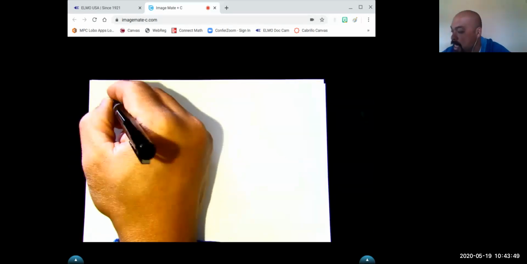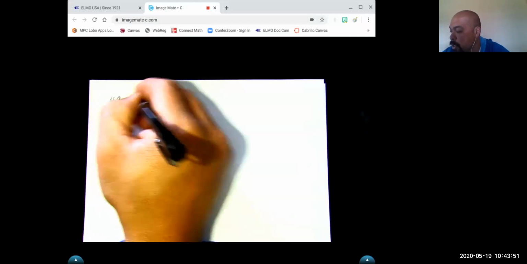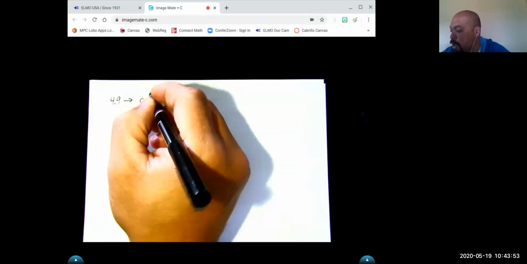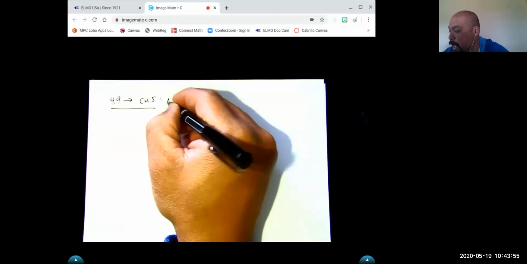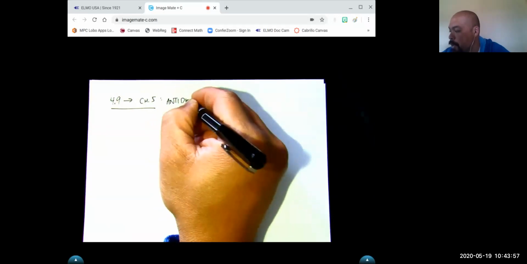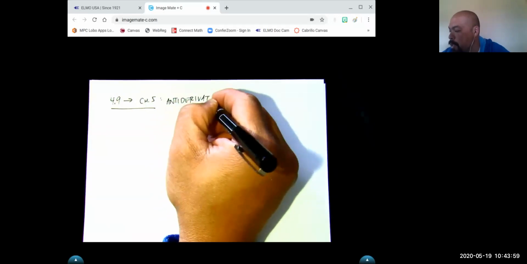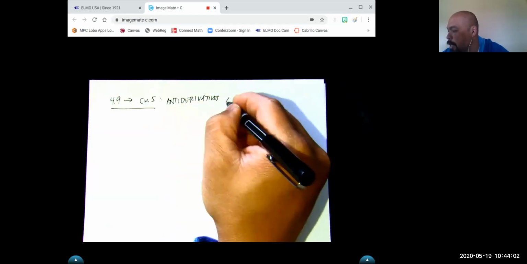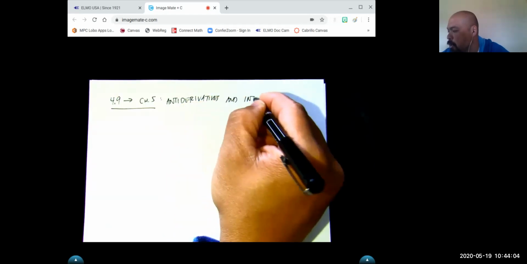Okay, solving equations, solving polynomial equations, so on, using that derivative. Okay, but we're going to bypass that, and then in section 4.9, that leads us into chapter 5. We're going to talk about antiderivatives and in chapter 5, right, our integrals.